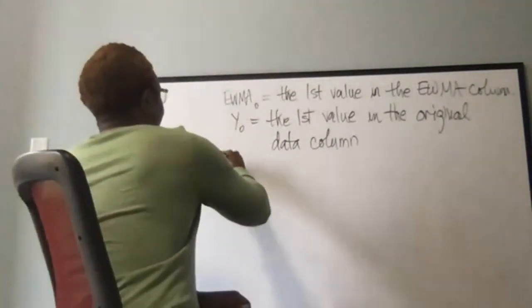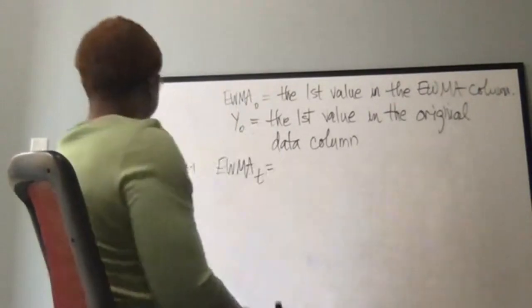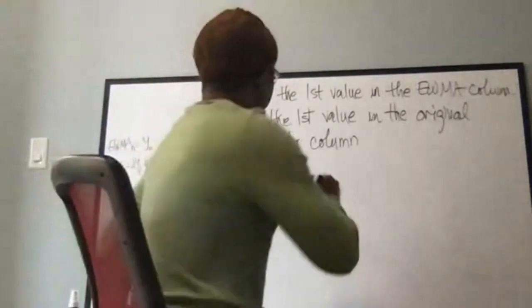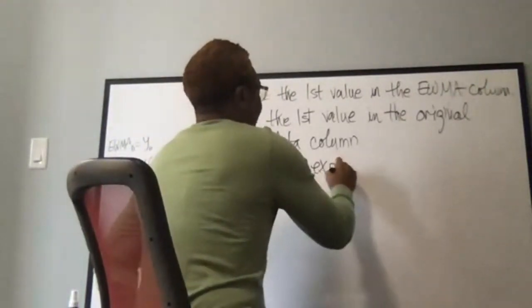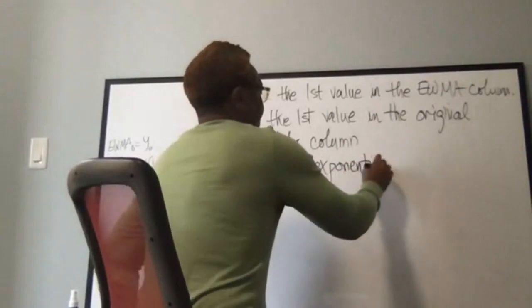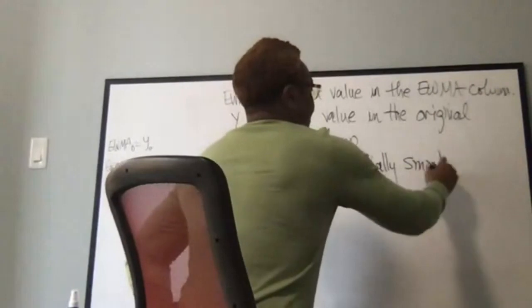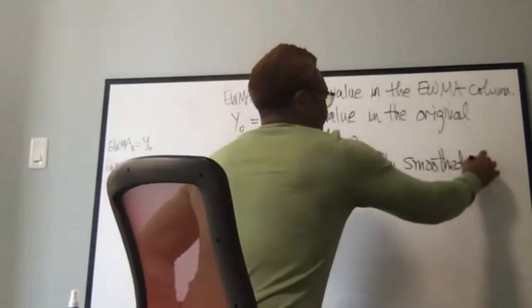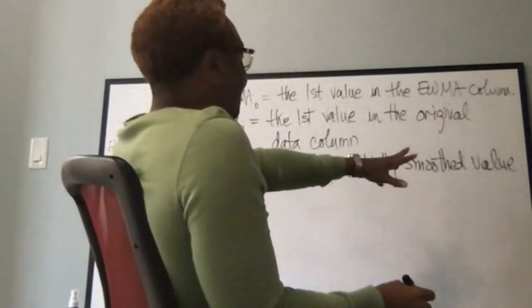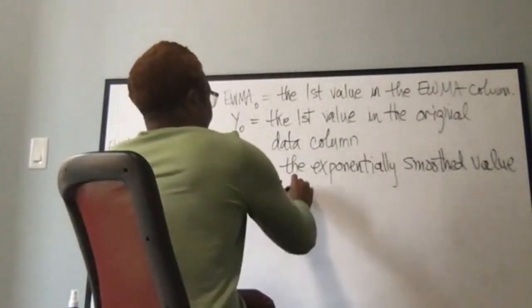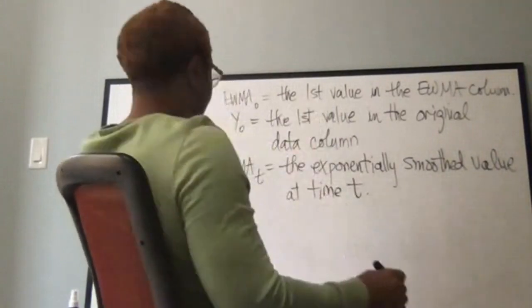All right, now EWMA with the t is going to be the exponentially smoothed value at time t.